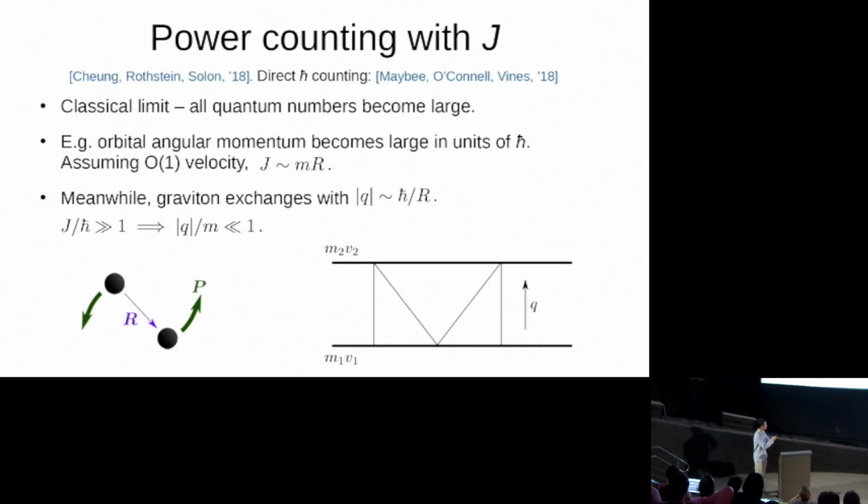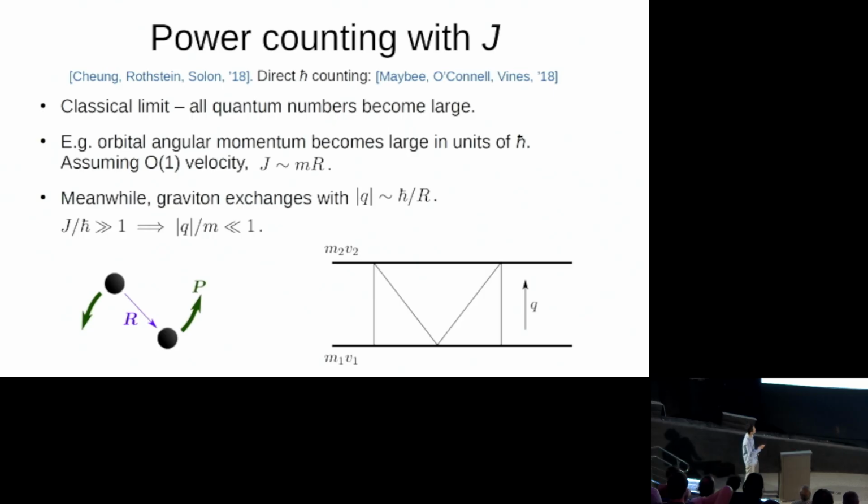Meanwhile, graviton exchanges are controlled by this Fourier inverse, h-bar over r. So we have m times r much greater than h-bar, which leads to the parameter that q over m must be much smaller than 1.